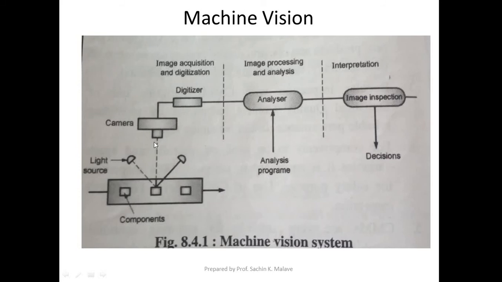Image acquisition and digitization is accomplished by using a TV video camera, or a CCD, that is a charge coupled device image sensor, and then a digitizing system. The output of this camera is a continuous video signal, so you need to digitize the same.